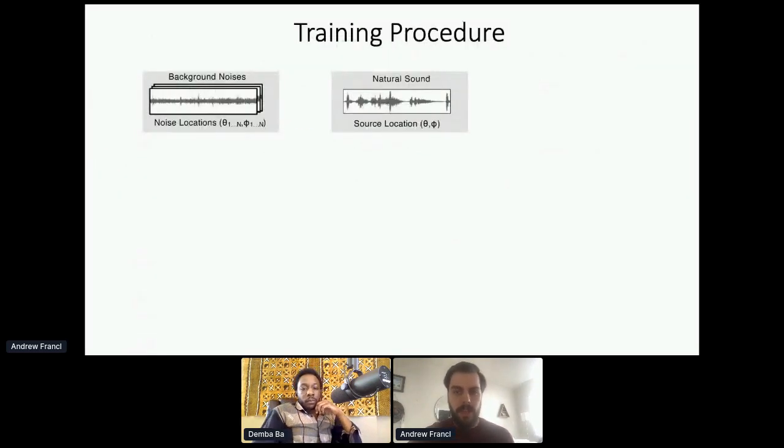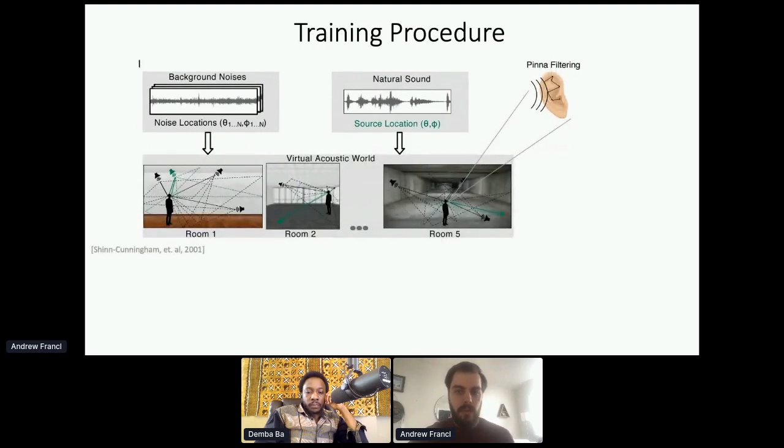We started by building sets of natural sounds and background sounds. Then, to create a single auditory scene, we randomly sample a natural sound as well as a variable number of background sounds. We then render these into an auditory scene using a virtual acoustic world where we control many aspects of the environment, including the room geometry, the room materials, the positions of the sources and background sounds, the position of the listener, and many other aspects of environmental physics.